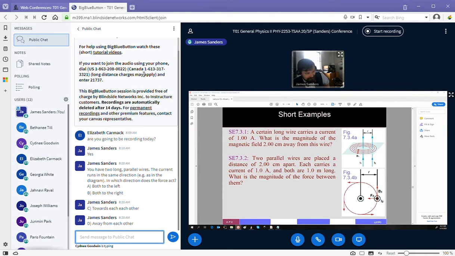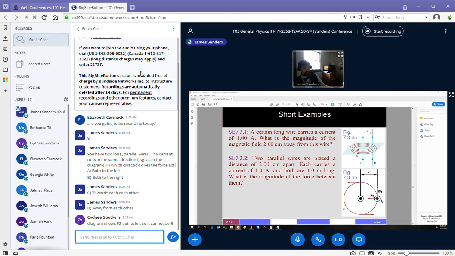Sydney, you have something? By the way, if it's easier to just say your answer than to type it, do feel free to pop on the microphone and answer that way. Okay, diagram F2 points to the left, so it cannot be B. All right, true.